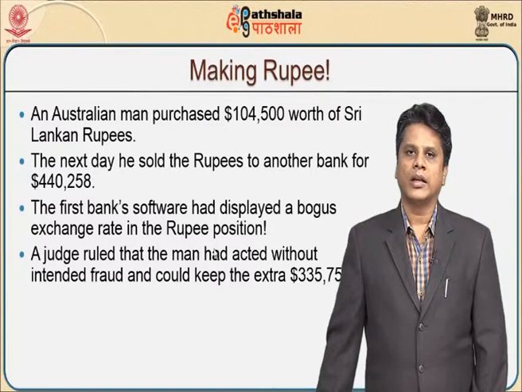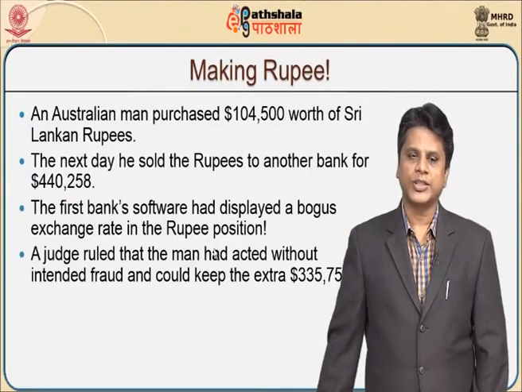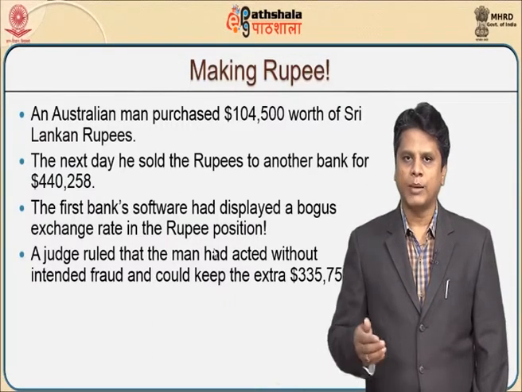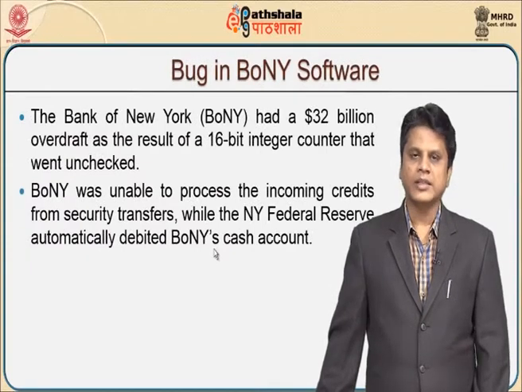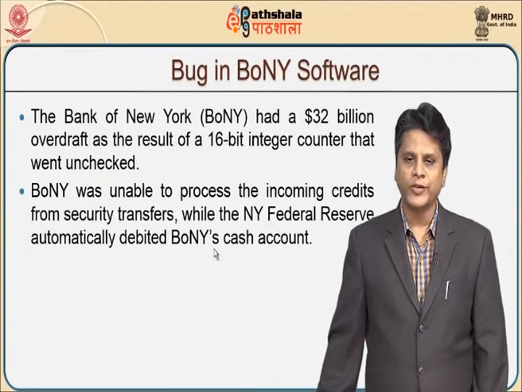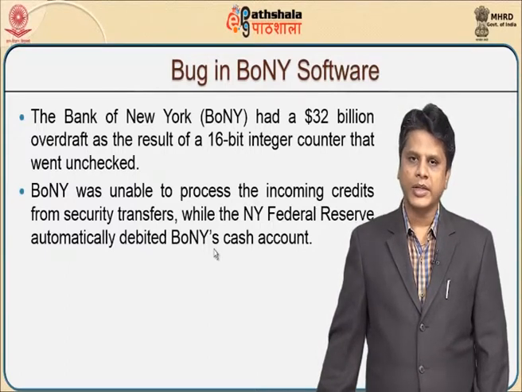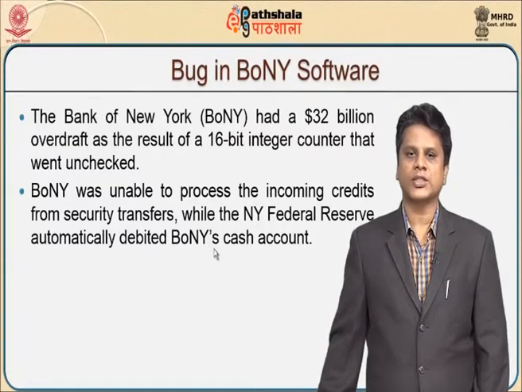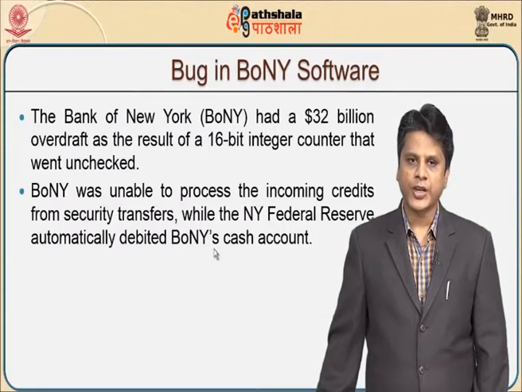So there was a court case and the judge ruled that the man had acted without intent to defraud and could keep the extra amount. And there is another bank-related bug displayed at the Bank of New York, which had a 32 billion overdraft as a result of a 16-bit integer counter that went unchecked.